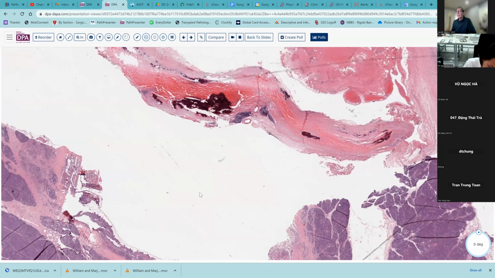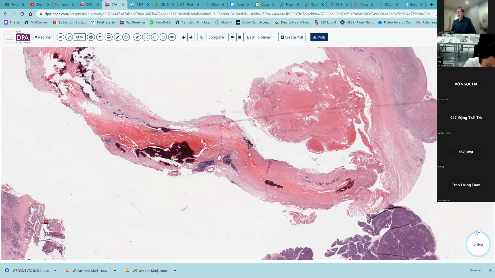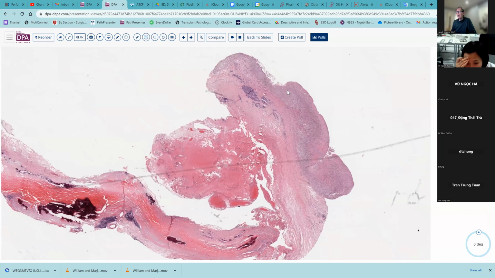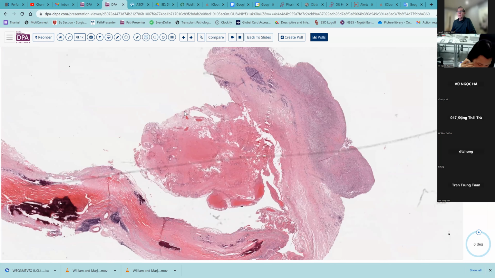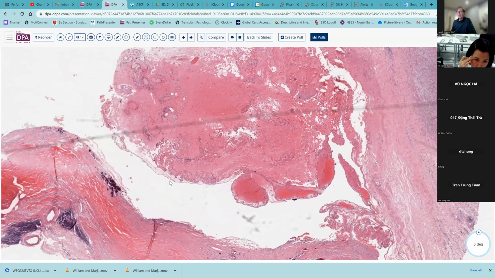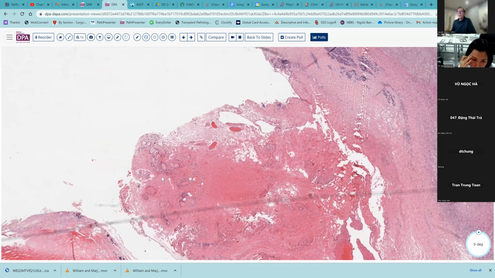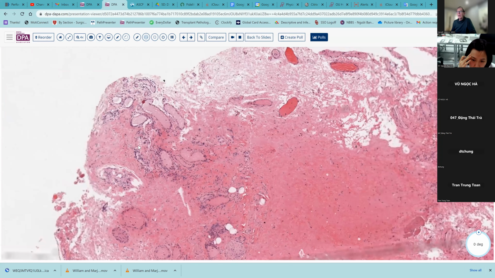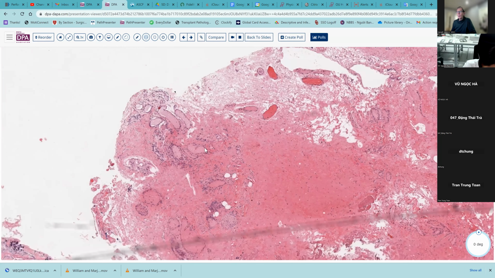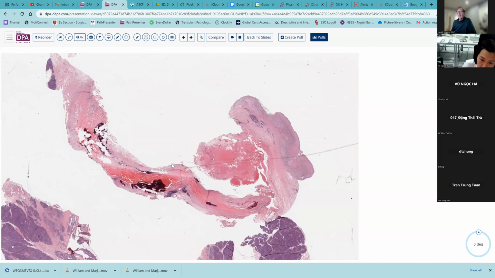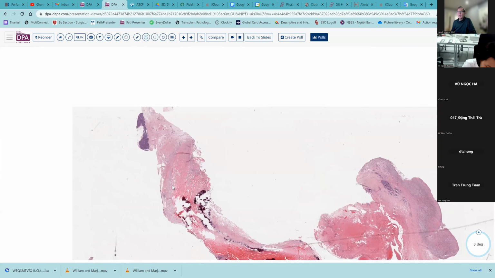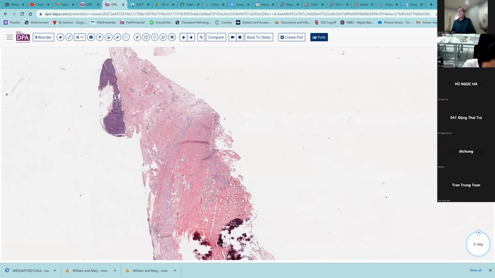Here, as you can see, there's been some hemorrhage and so forth, some degenerative changes in this. It could almost look like a pseudocyst or some other sort of cystic neoplasm or something like that. Nothing here particularly distinctive. So you have to sample these lesions well and recognize that the reaction sometimes can be deceptive.